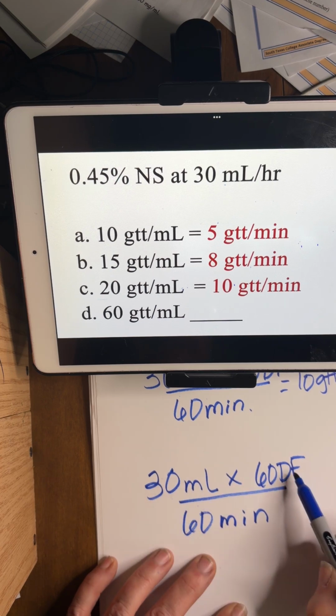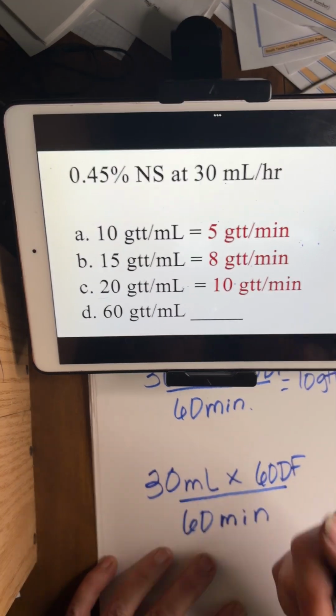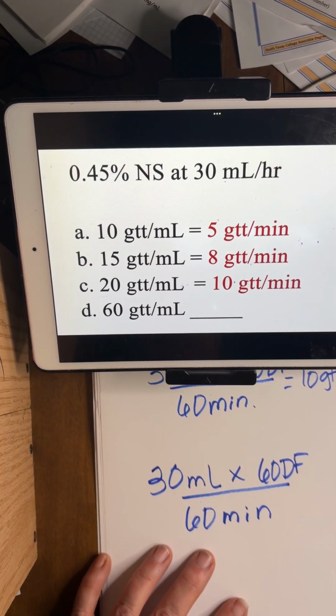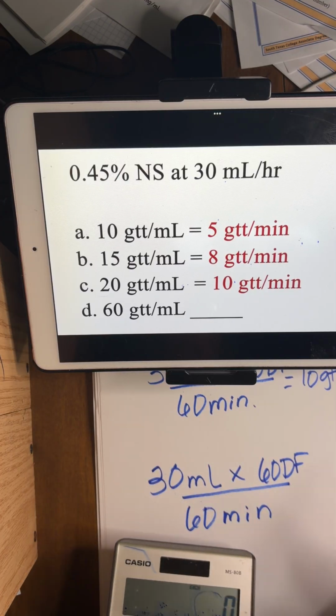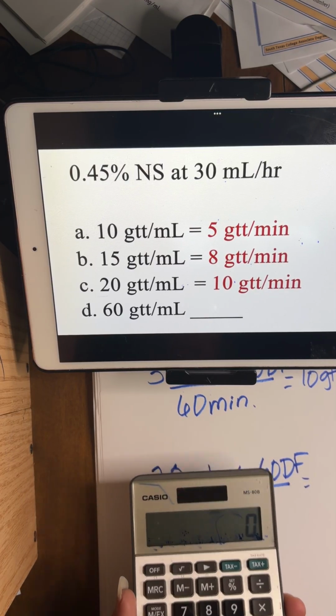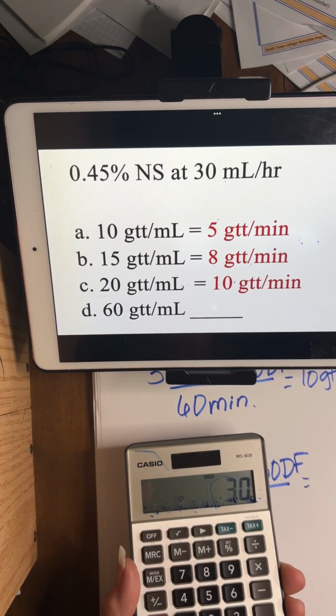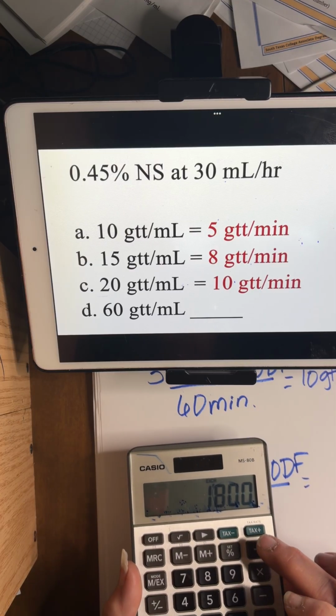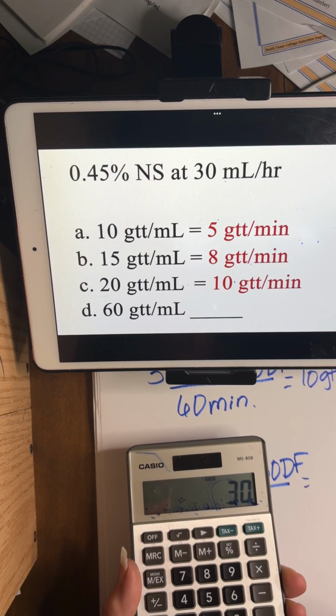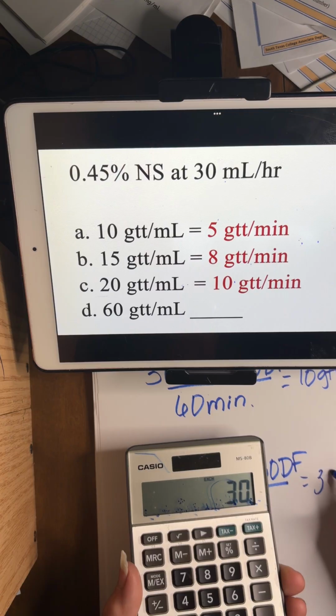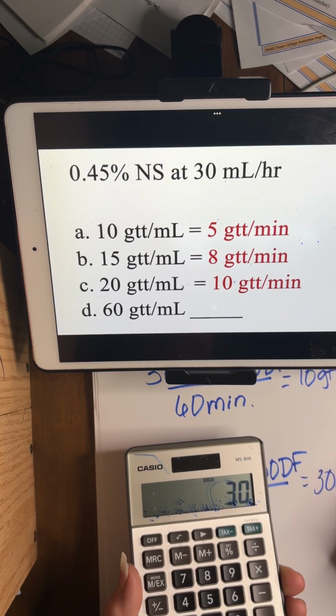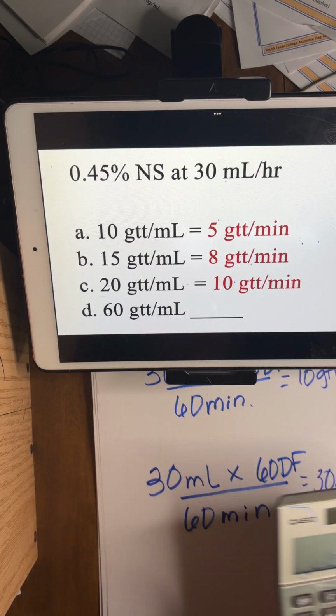But I feel like if I just do this calculation like a machine, I know I'm going to come out with what you come out with. Okay, 30 times 60 equals, divided by 60 equals. I know it's going to be 30, but just sit over there and look, be sweet and be quiet. Okay, 30 drops per minute.